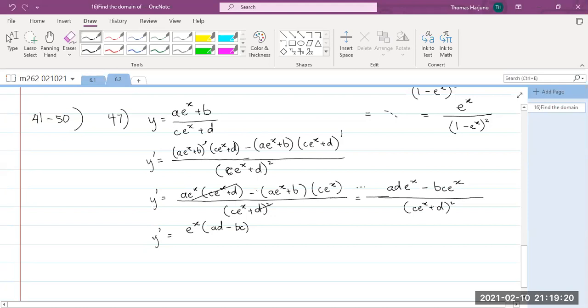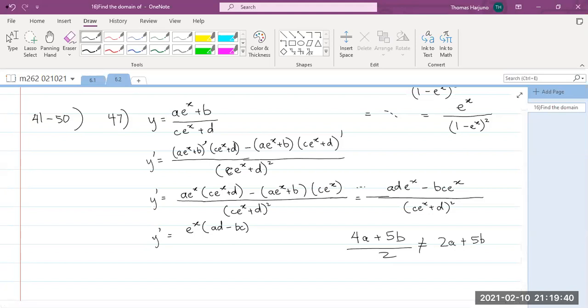You can only cancel a common factor. It's like this: 4a plus 5b over 2 is not equal to 2a plus 5b. Oh, you're right. So we cannot cancel it that way.